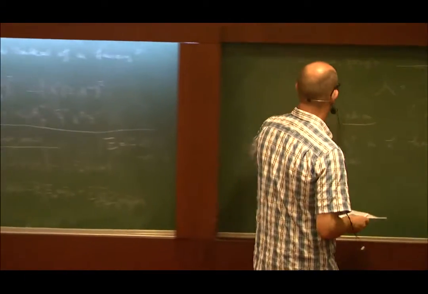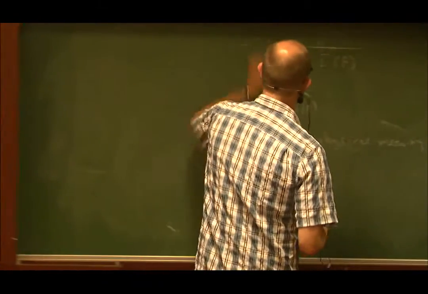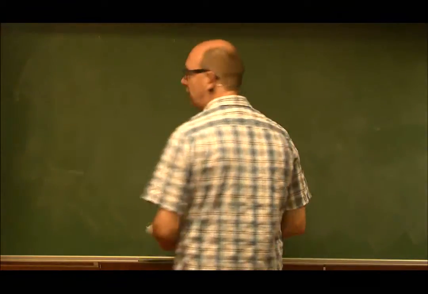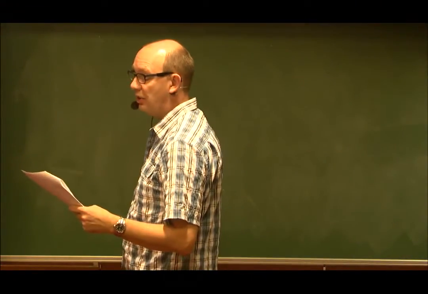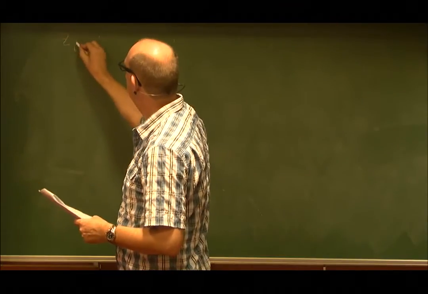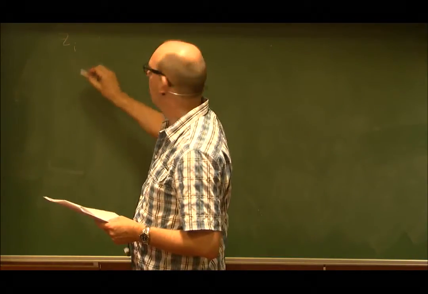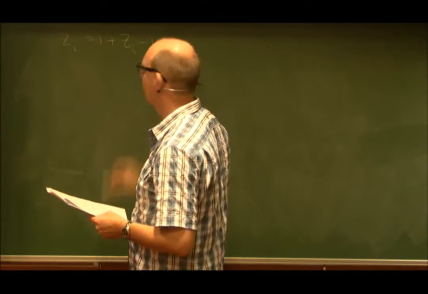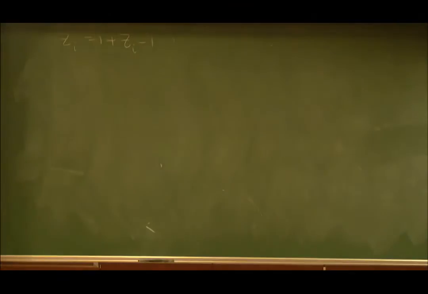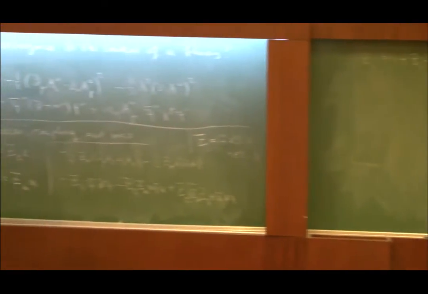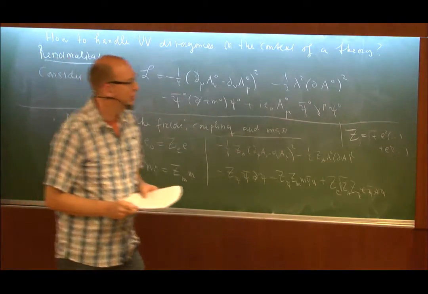It's so trivial, it's a bit hard to appreciate. Here's the big equation that explains it all. I can write Zi, any of these Z's, as 1 plus (Zi minus 1). That's simple enough. And that's what I use.